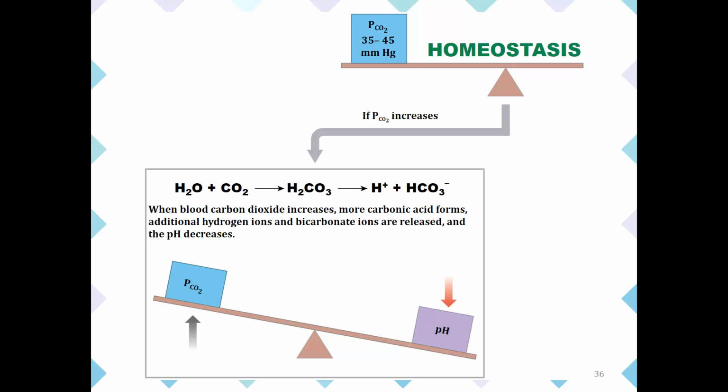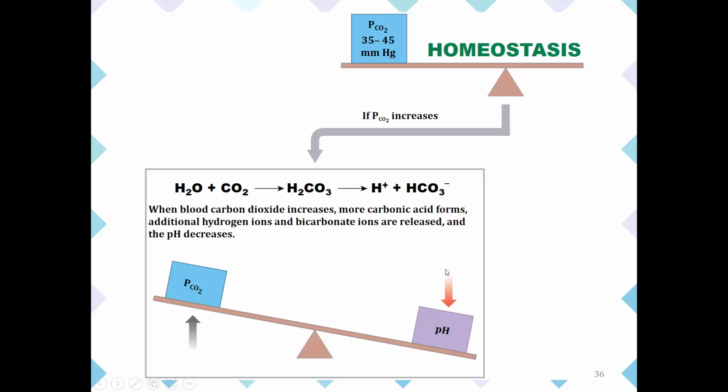The way your book shows it is it has homeostasis, and then it says what happens if PCO2 goes up. When blood carbon dioxide increases, we get more carbonic acid, and then we end up with more hydrogen ion, and that lowers the pH. So it's like a seesaw. It starts out at equilibrium, but if we get an excess here, it pushes the reaction to the right.